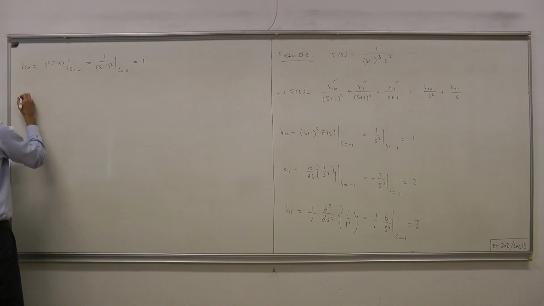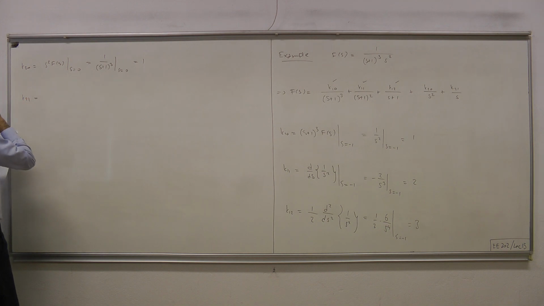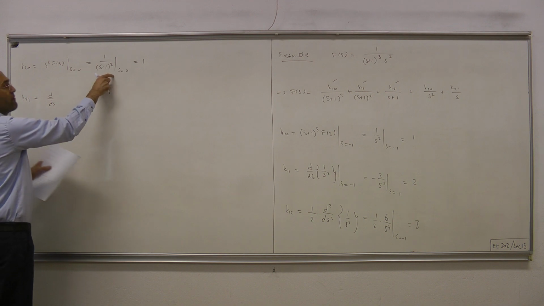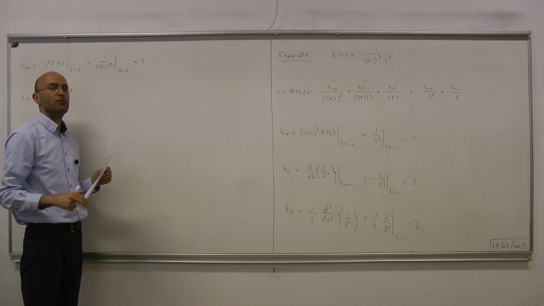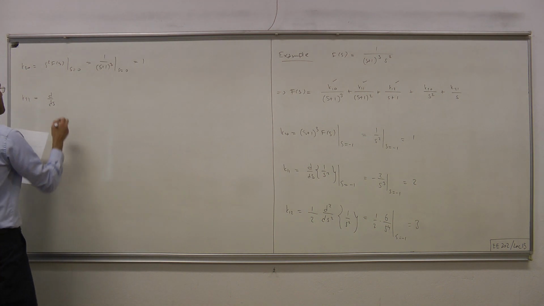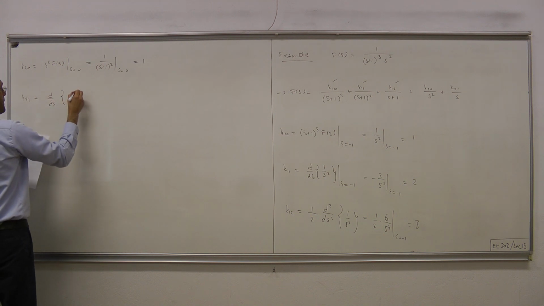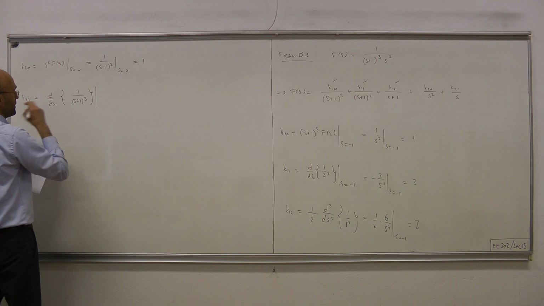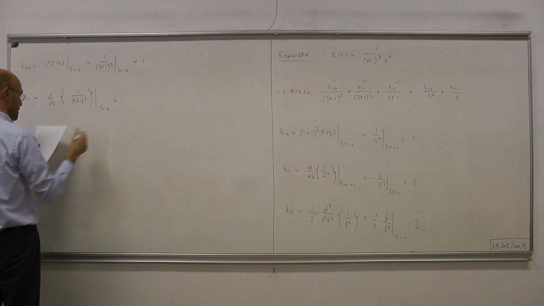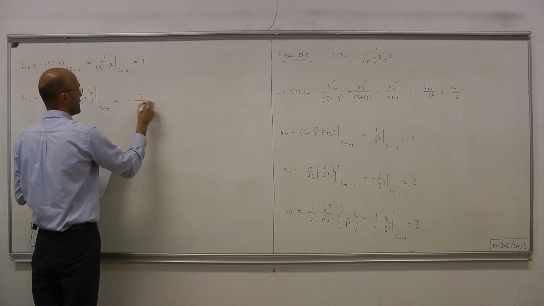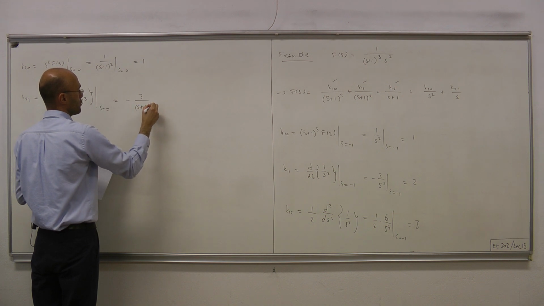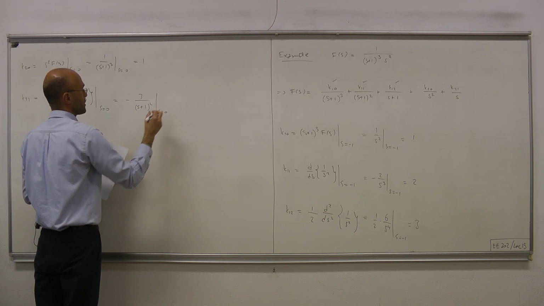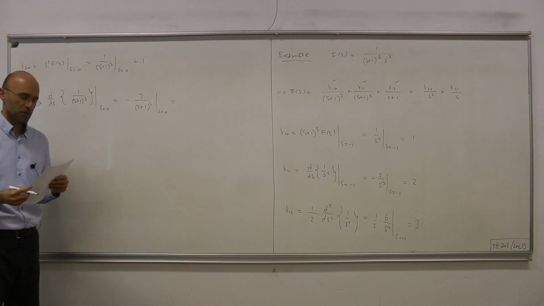And finally, K21 is, before evaluating this, we differentiate with respect to s. 1 over s plus 1 cube, differentiated and evaluated at s equals 0, and that's minus 3 over s plus 1 to the 4 evaluated at s equals 0, and that's minus 3.